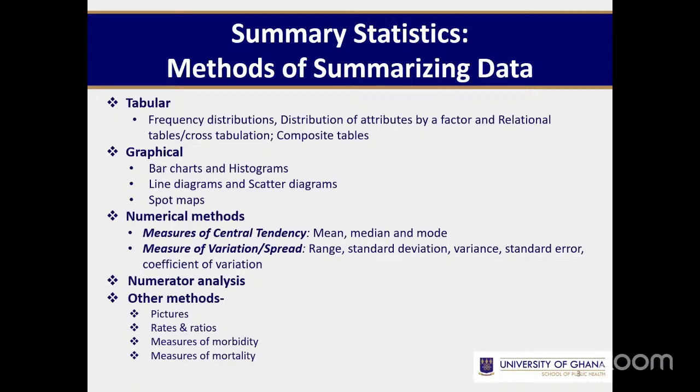To what extent are they far away from each other? So these are the two things which come to mind. Anytime you see standard deviation, you are looking at to what extent they are far away from each other. And when you see something like the mean, to what extent are they aggregating to the center? There are other methods like pictures, rates and ratios, and then measures of morbidity and mortality, which are not anything extraordinary, but forms of what we talked about earlier.